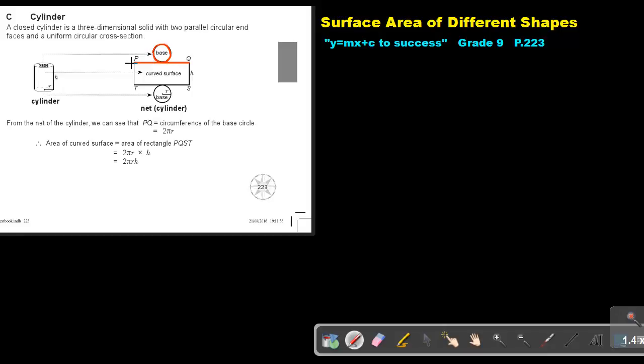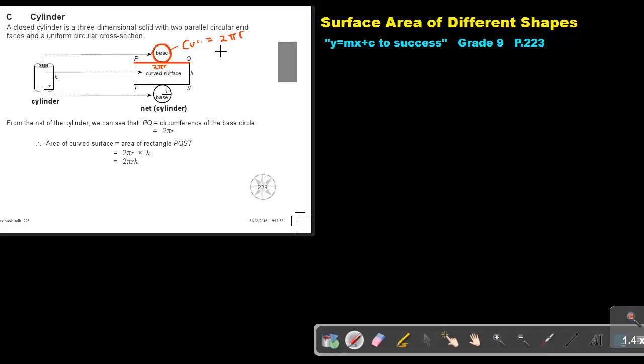That's what will happen. This length will be exactly one time around the circle, and we call this the circumference of the base. So this is why this one will be 2 pi r. How do I work out the circumference of a circle? 2 pi r.